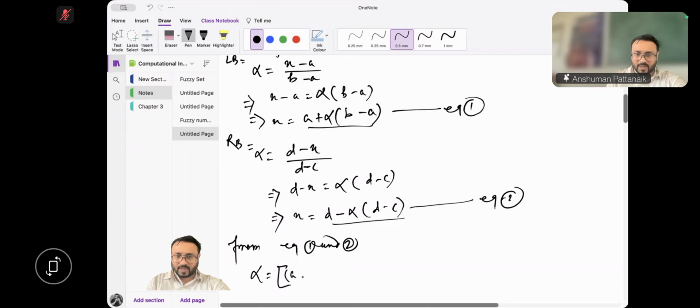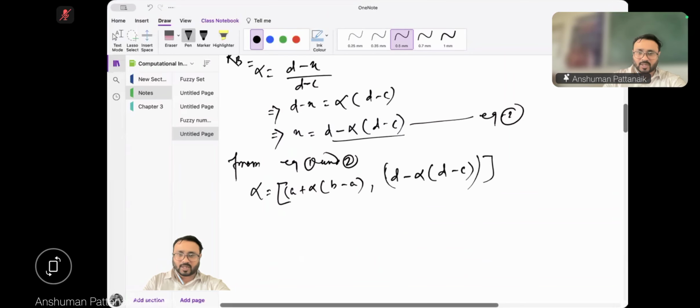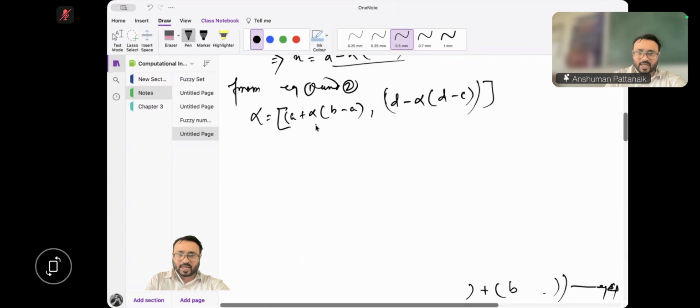One is a plus alpha into (b minus a), another is d minus alpha into (d minus c). These two are the set; you can say one is x1, another is x2. If I put a dot in the graph, one part will be here, another part here. I can denote this as the left boundary and this as the right boundary.